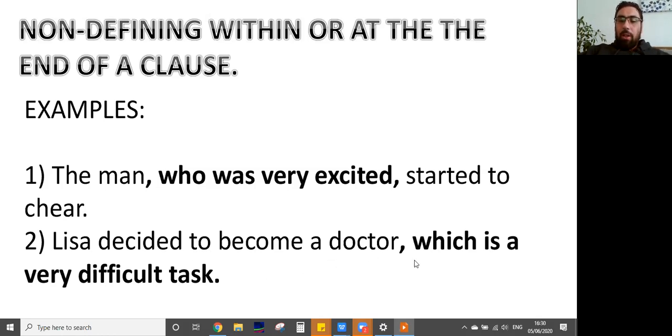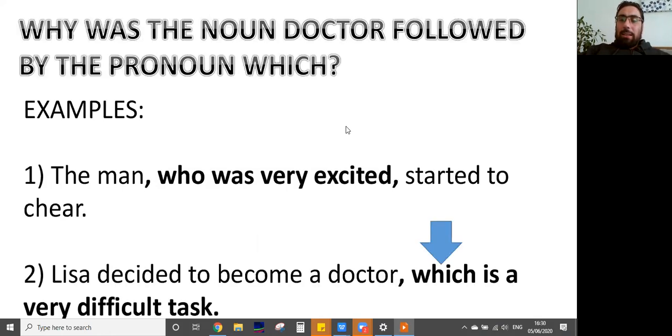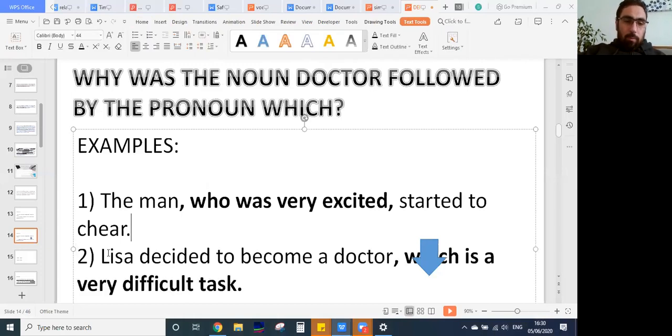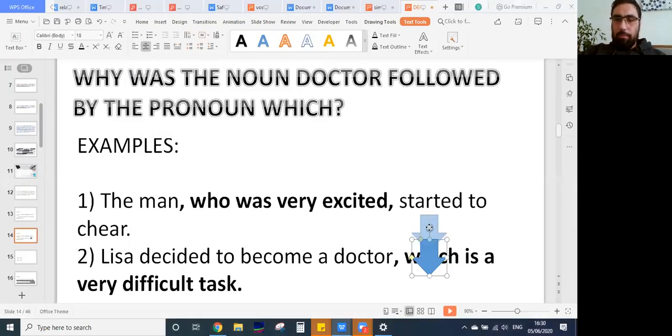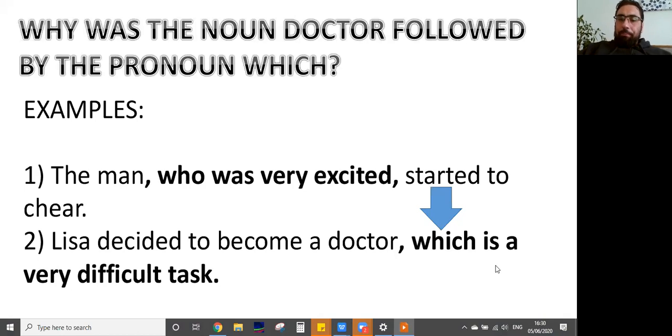Okay. So let's take a look at this. Just try to make it a bit clear. My arrow's gone now. Sorry, guys. Okay. So here we have Lisa decided to become a doctor, comma, which. We have the word doctor and we have which. So why do we have which here? That's a bit strange. Why do we have which and not who?